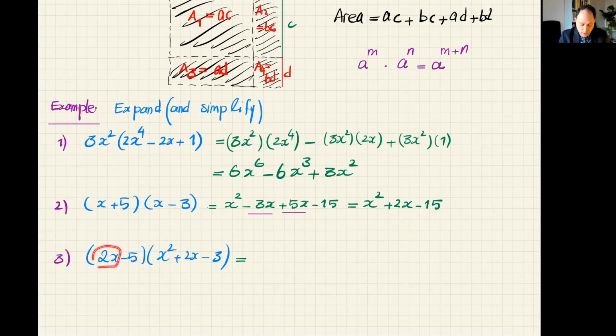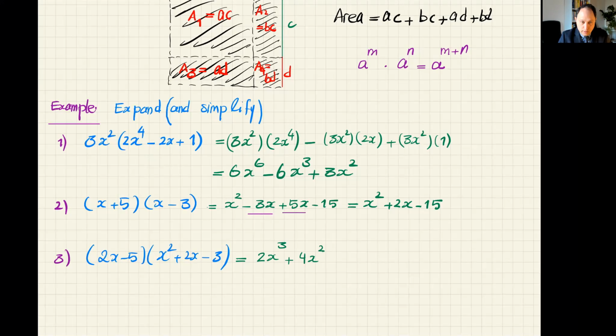So I will take this one, I multiply it here, here, and here, and when it is done, I switch to the next term, yes? Even though this is not an obligation. So I multiply 2x by x squared. It becomes 2x cubed. Then I multiply 2x by 2x. Both of them are positive, so it becomes positive 4x squared.